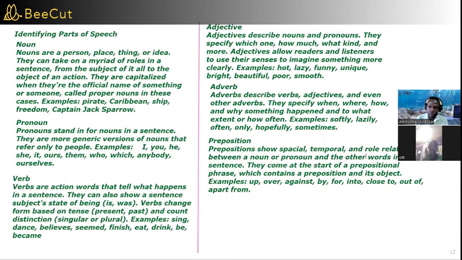So in a nutshell, they show relations between a noun and a pronoun, or a noun and a noun, or a pronoun and a pronoun, or between other words in a sentence. They come at the start of a prepositional phrase, which contains a preposition and its object. Examples of preposition are of, over, against, by, for, into, close to, out of, apart from. These are prepositions. Is that taken?